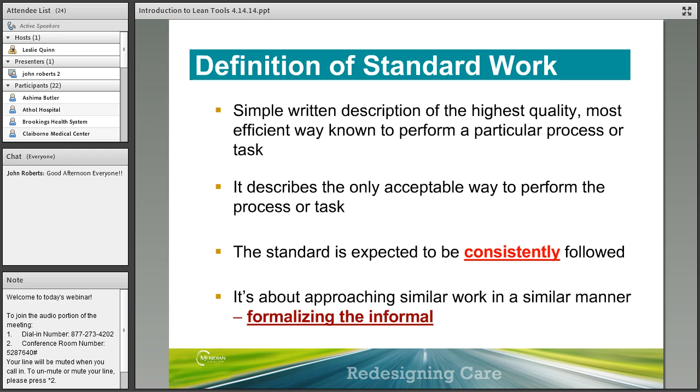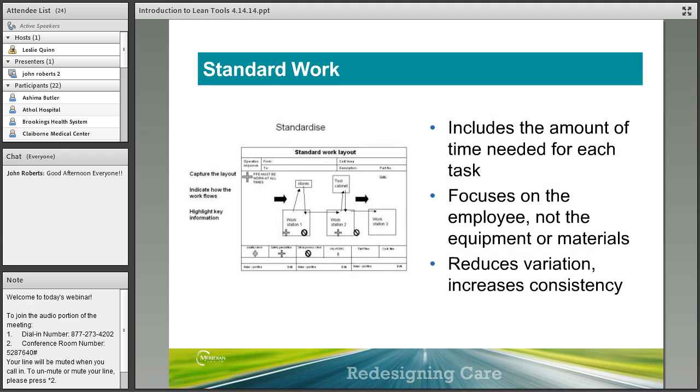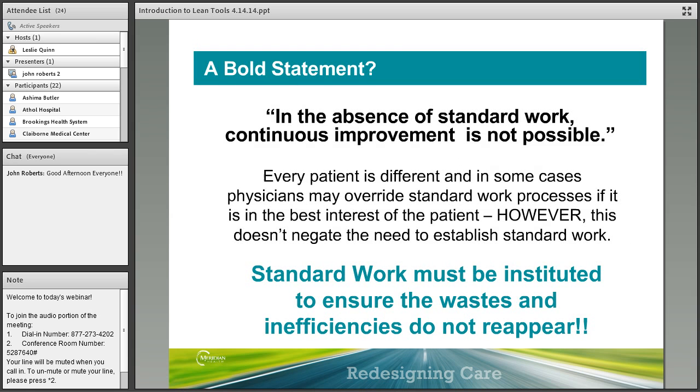What we want to do with standardized work is narrow that down to make sure that regardless of who's doing this task, whether it's various different employees or different departments, night shift, day shift, whatever the case, we have a standard way to do it that's in a standardized format.